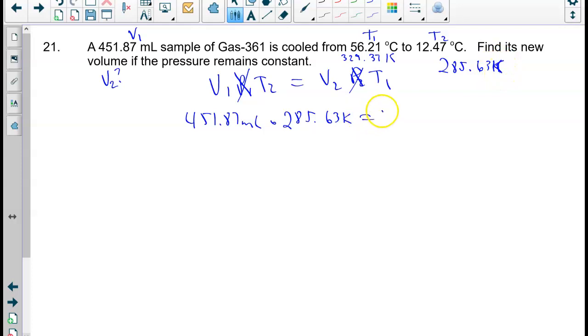Okay, equals V2, what we're solving for, times T1, 329.37 Kelvin when I converted those into Kelvin. So now we're going to multiply 451.87 times 285.63, hit equals, divide by 329.37, and we get a volume of 391.86 milliliters.